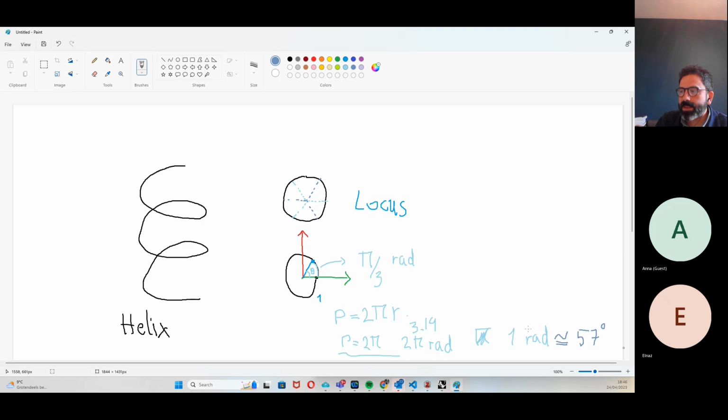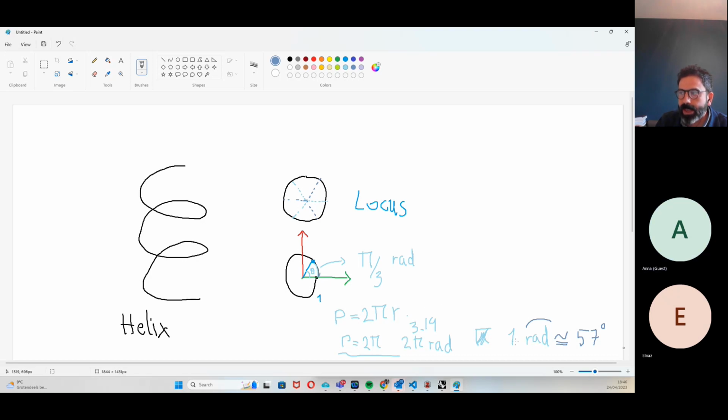Radian is the unit of angles in scientific mathematics and engineering, and it's equal to the arc length in the trigonometric circle. The trigonometric circle by convention has the radius equal to 1.